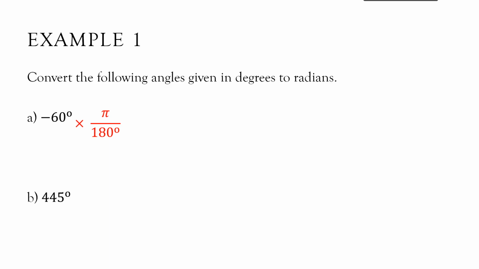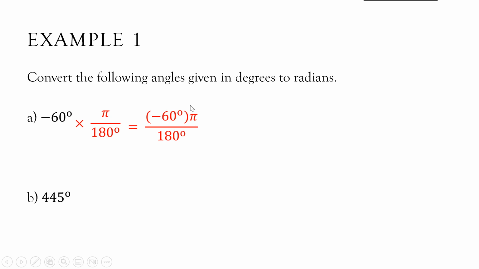In other words, let's go ahead and clean this up. If I multiply this straight across, I'll get negative 60 degrees times pi over 180 degrees. And then I can reduce this. What about 60 divided by 180?